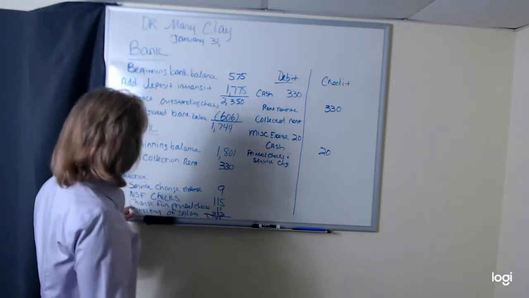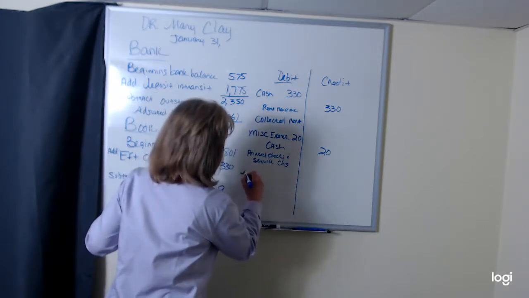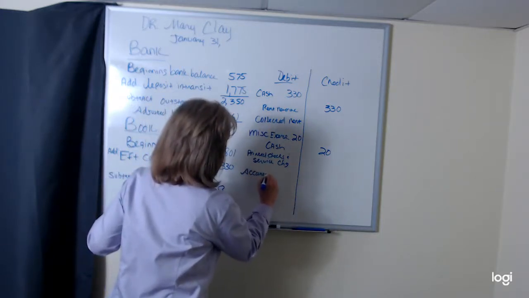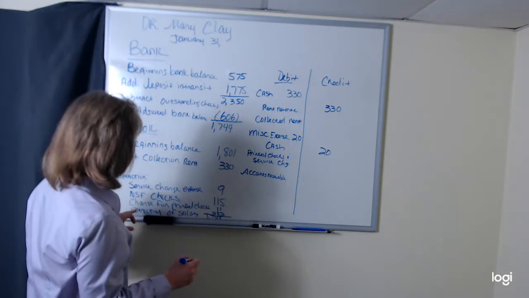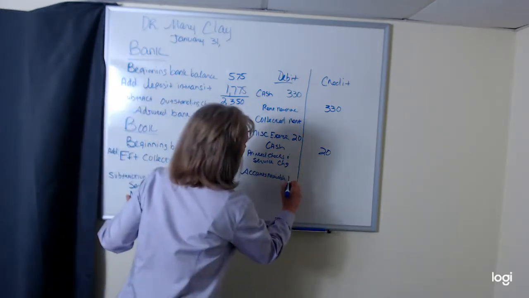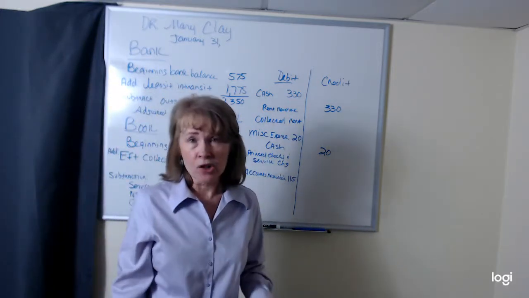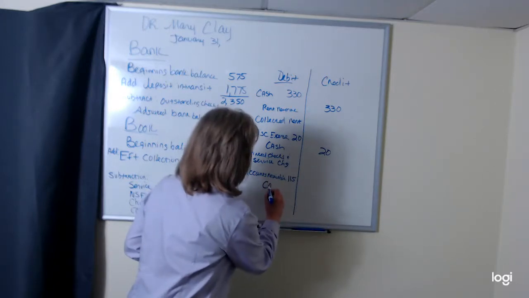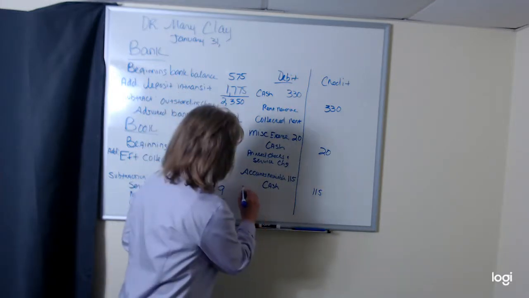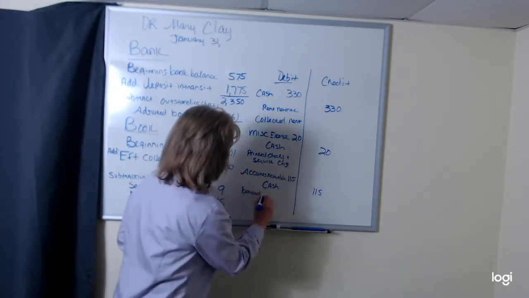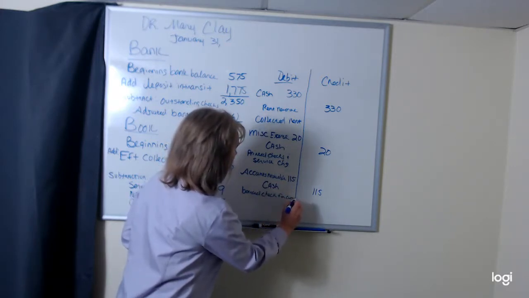So we go back in and we're going to debit accounts receivable for $115. Okay, and then I'm going to credit cash for $115. Okay, and you could just tell yourself bounced check for customer.